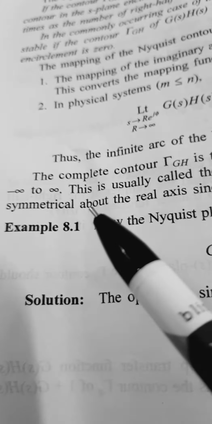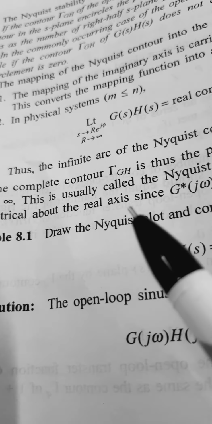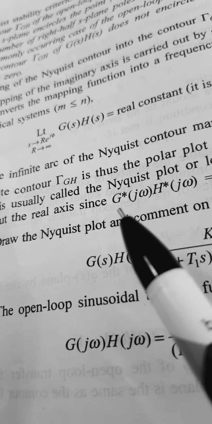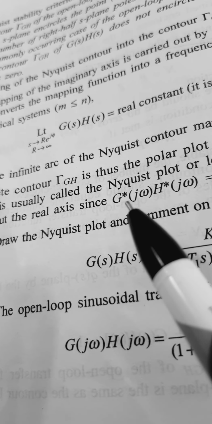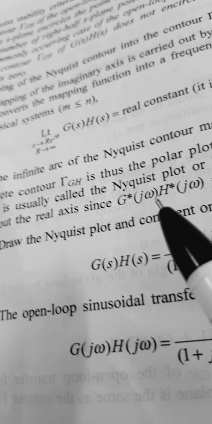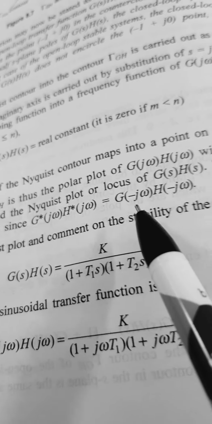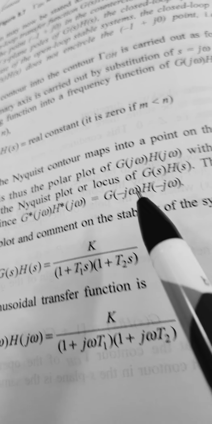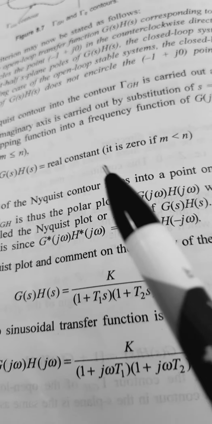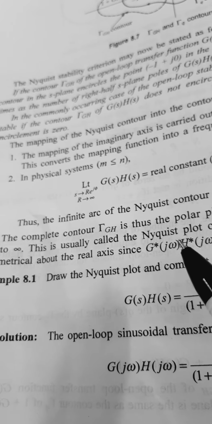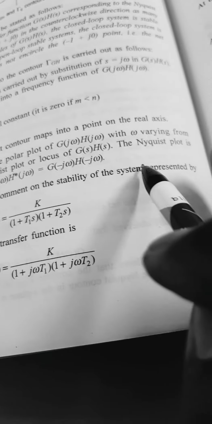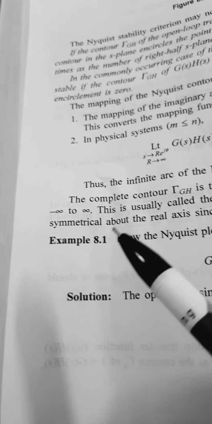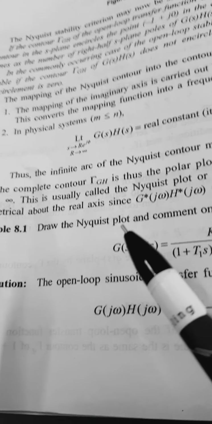The Nyquist plot is symmetrical about the real axis, since the complex conjugate G*(jω)H*(jω) is equal to G(-jω)H(-jω). So from this you can see that the Nyquist plot is symmetrical about the real axis.